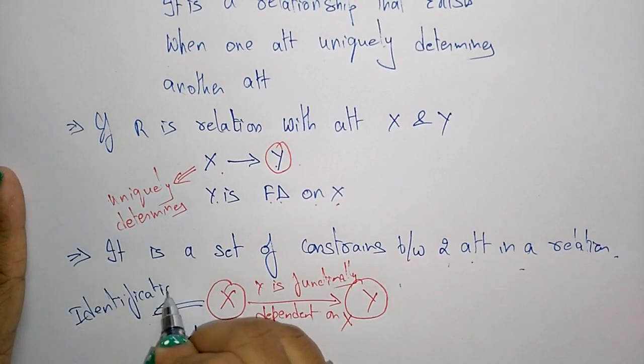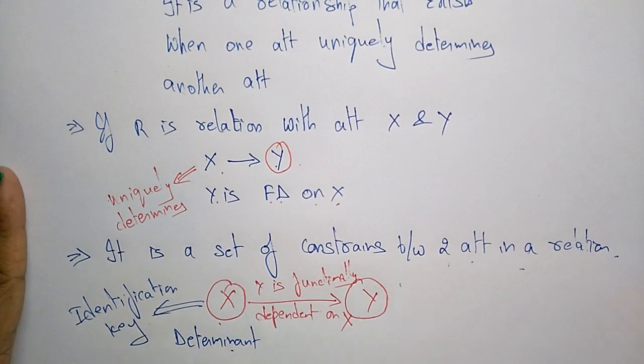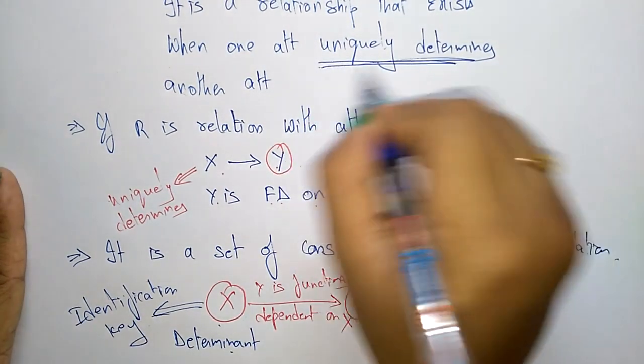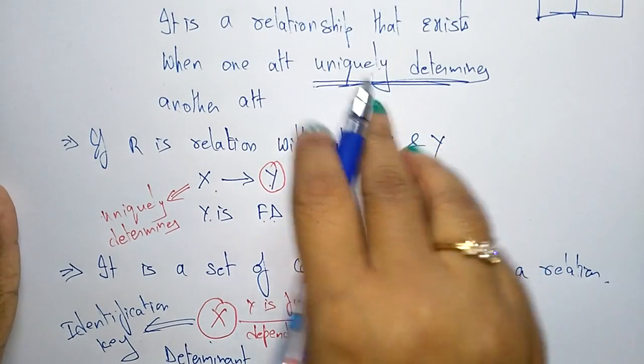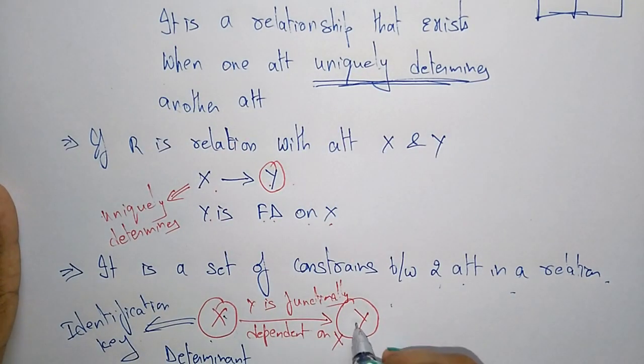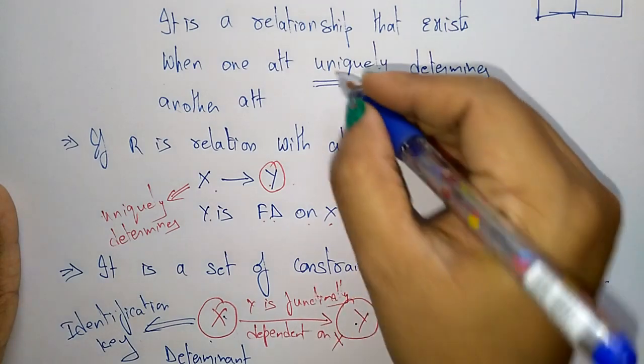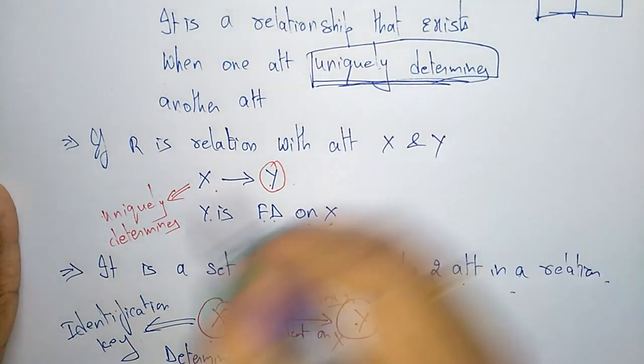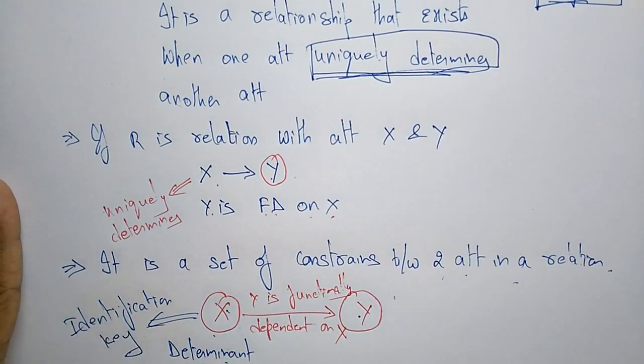An identification key can uniquely determine. That's why we say it is a relationship that exists when one attribute, the X attribute, uniquely determines the other attribute. Whenever we say it uniquely determines, it means it has some identification key.